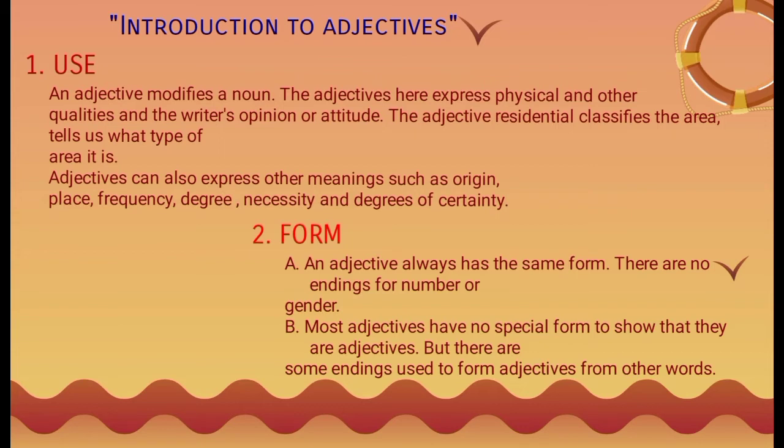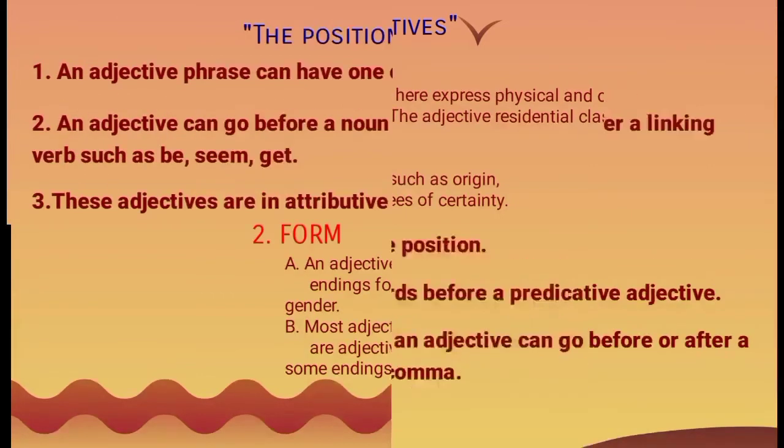An adjective always has the same form. There are no endings for number or gender. Most adjectives have no special form to show that they are adjectives, but there are some endings used to form adjectives from other words.